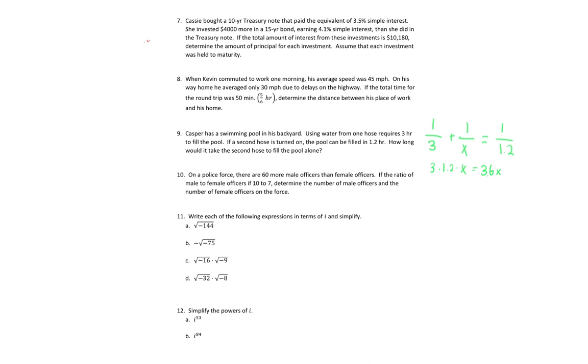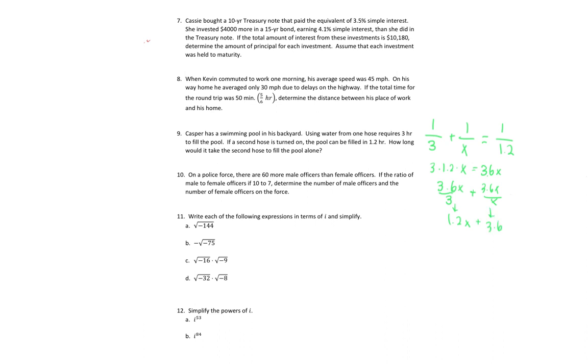So 3.6x over 3 will be 1.2x, plus the x's will cancel when we multiply by 3.6x, so that becomes 3.6.